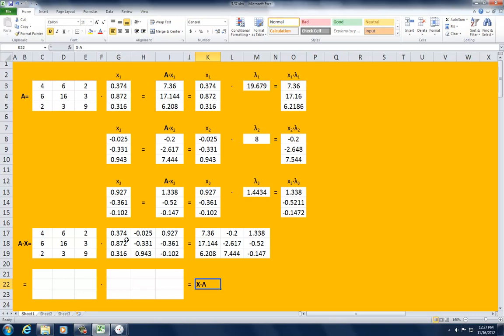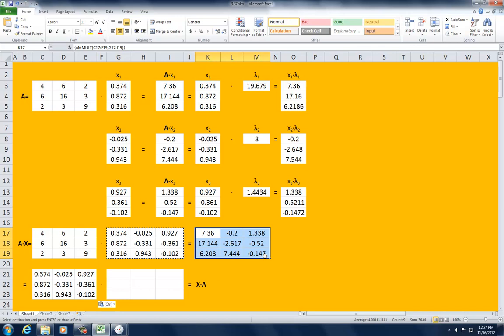So I'm going to copy and paste this matrix X of eigenvectors. And when we multiply it by another matrix, it's going to equal what we have here. So it's going to be these lambdas on a diagonal. So it's going to be in a diagonal matrix, leaving everything on the off diagonals to be 0.